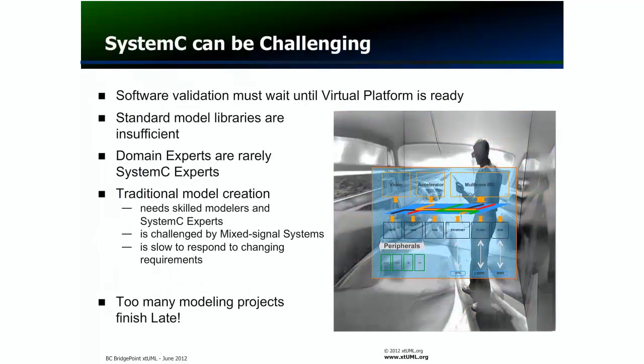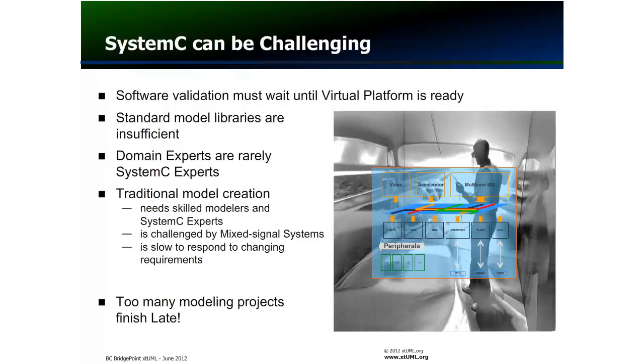A key barrier encountered by many teams is the lack of SystemC expertise among the team members. Some projects try to overcome this gap by purchasing standard libraries. However, these libraries contain only the most common parts and are rarely sufficient to implement the entire project.